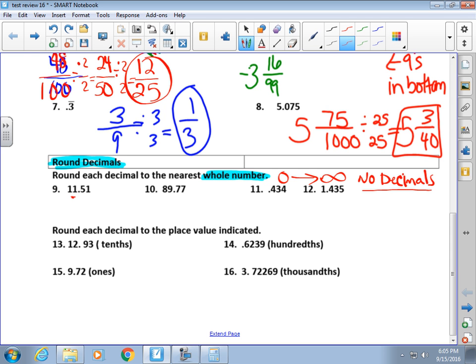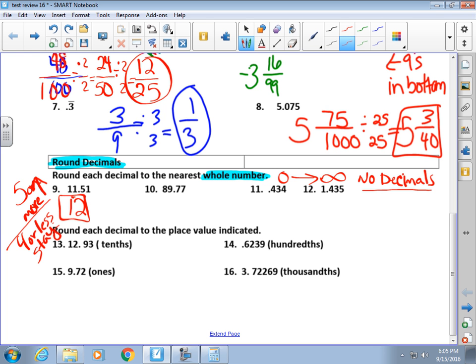The number after the 1 is a 5, and the rule is 5 or more, go up. 4 or less, stay. 5 or more, go up. 4 or less, you stay. So since this is 5, my 1 becomes a 2, and so it becomes 12.